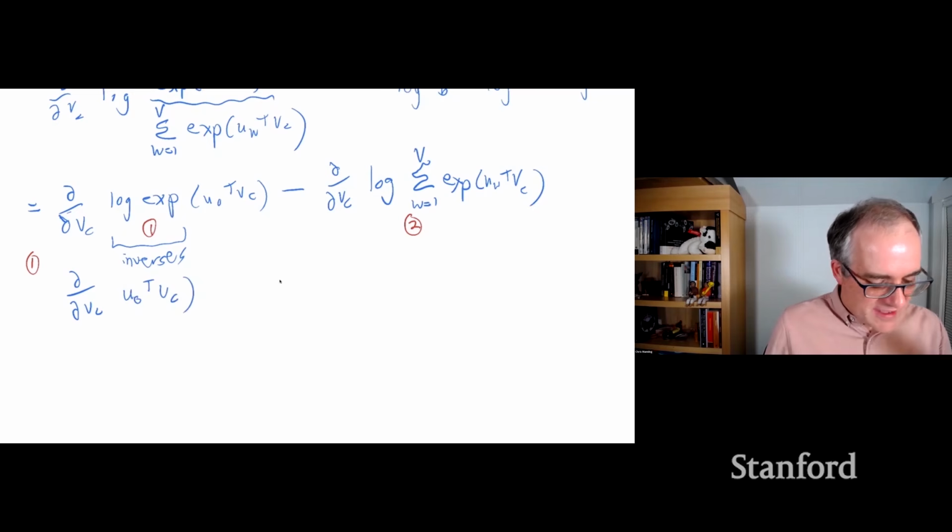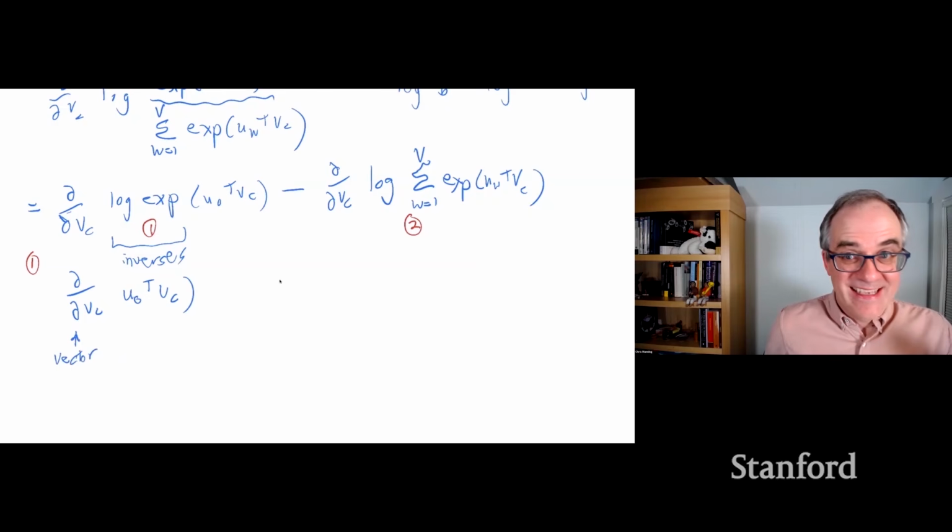Okay, and so the thing to be aware of is, we're still doing this multivariate calculus. So what we have here is calculus with respect to a vector, like hopefully you saw some of in Math 51 or some other place, not high school single variable calculus.